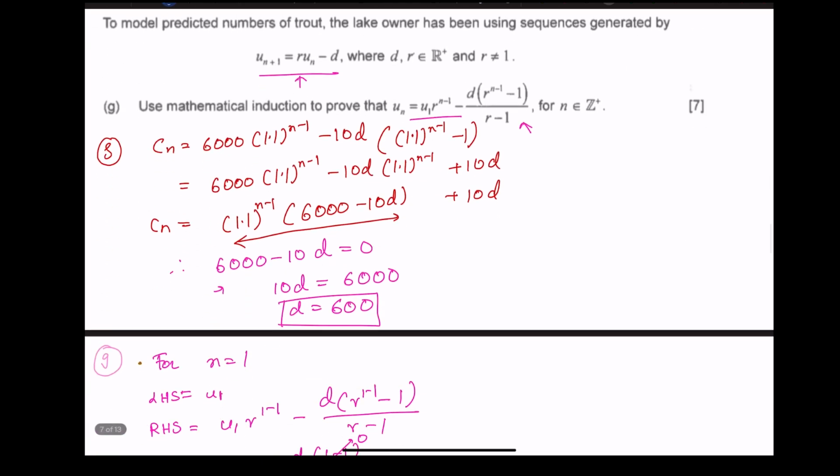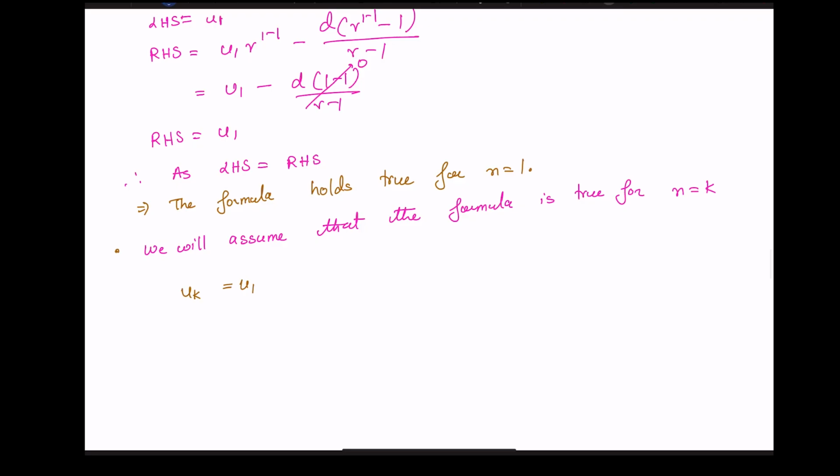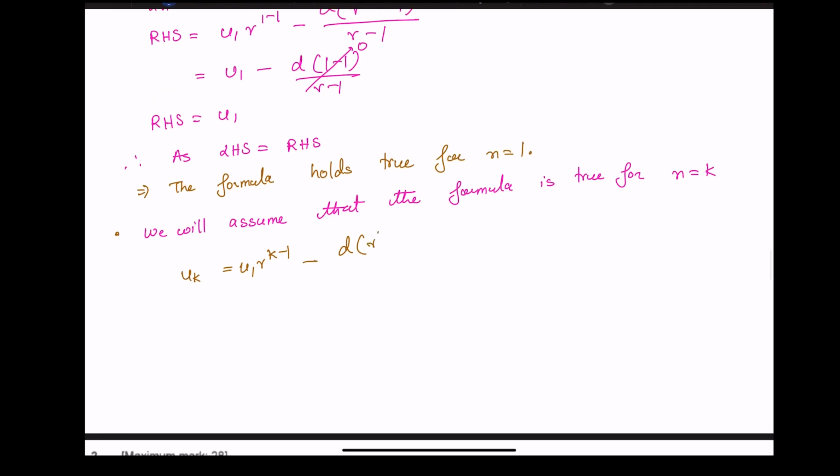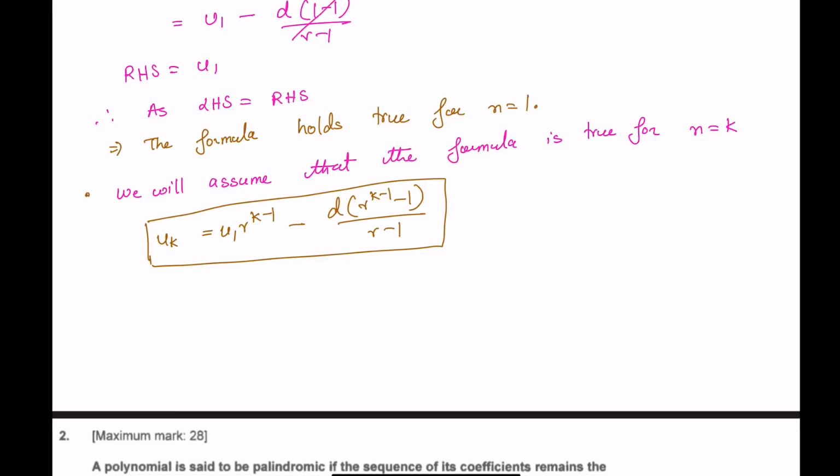Uk equals u1 r to the power of k minus 1, minus d times r to the power k minus 1 divided by r minus 1. This is our uk. I know this is true, and we can use this result in the next step.